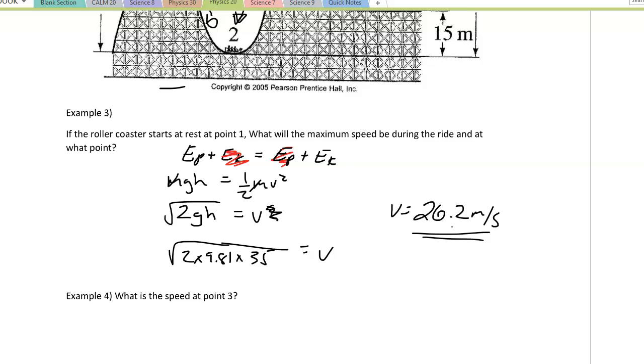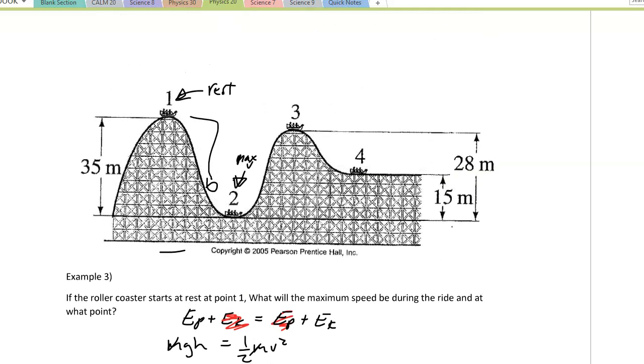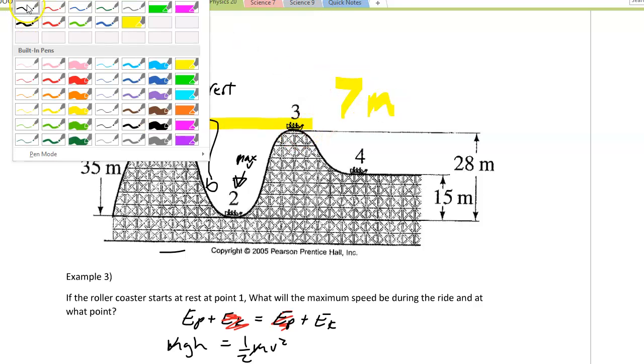Now, if we were to take a look at this at point 3, again, because of the difference, we can establish point 3 as our reference point, which means that this would only be a 7-meter drop.